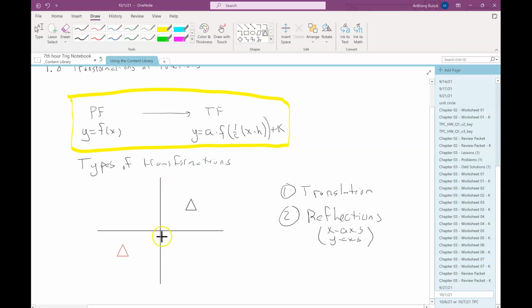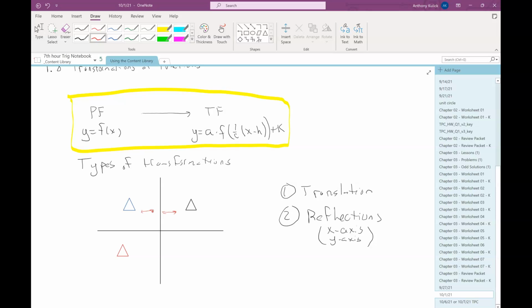If I reflect across the y-axis, I'd get something like this. Notice that this distance is about the same, the shape of the figure is still the same, and the orientation remained the same.